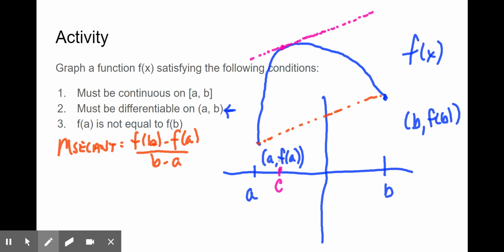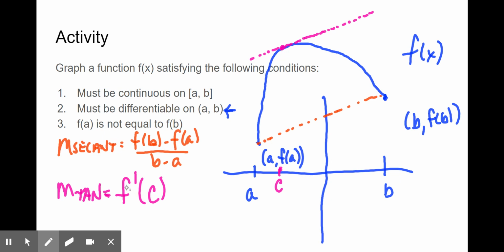So now, how would I find the slope of this line that's in pink? Well, first of all, we call this line a tangent line, right? So I would need to find the slope of the tangent line. To find the slope of the tangent line, I'd have to find the derivative. And in this case, I'd plug in c, because c is the x value that I said that point was at, right?